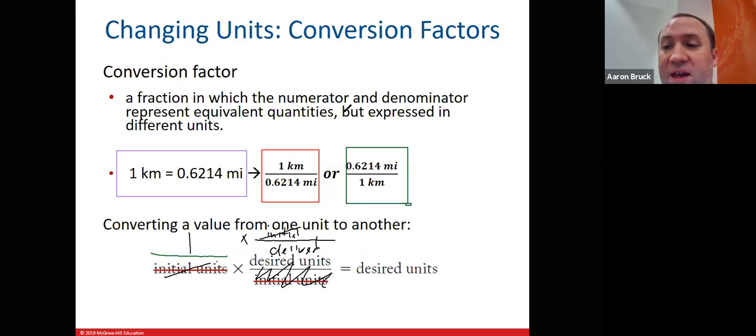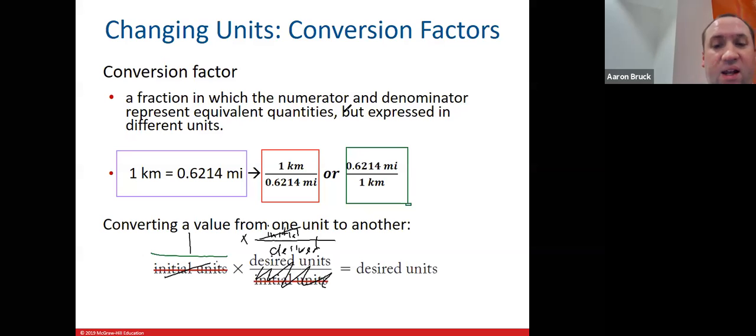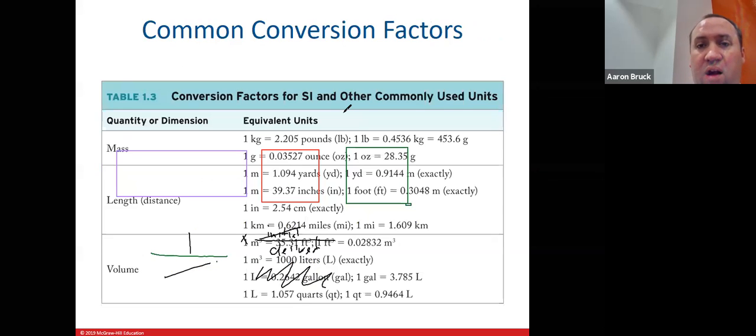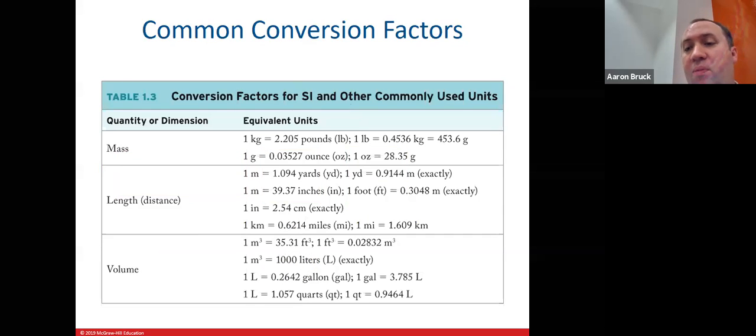Now, the case with any kind of calculation, especially unfamiliar calculations, is that practice is going to solve most of our problems. And so what we've set up in this are a number of practice problems to help us with that. Now, before we get to those, understand here that there are lots of different types of conversions.